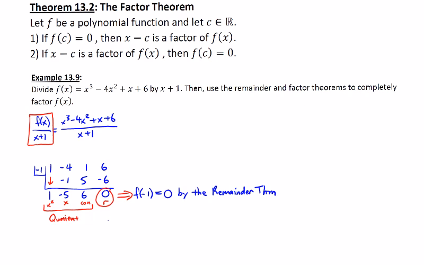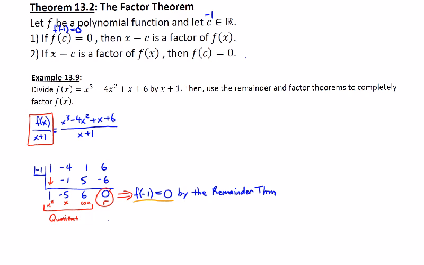Okay, so for our purposes right now we have -1 is c, which means f of -1 would have to be equal to 0. Well, would you look at that? We already concluded that f of -1 is going to have to be 0, and the remainder theorem told us that. So the remainder theorem ends up being a gateway for us to get into the factor theorem, because that's what gets us into f of c equals 0.